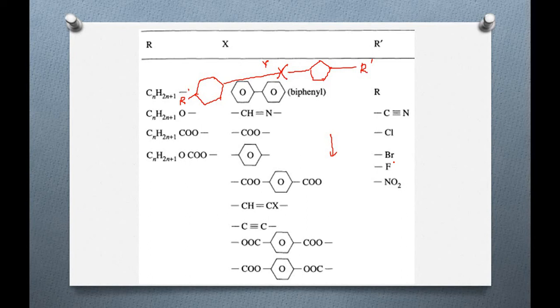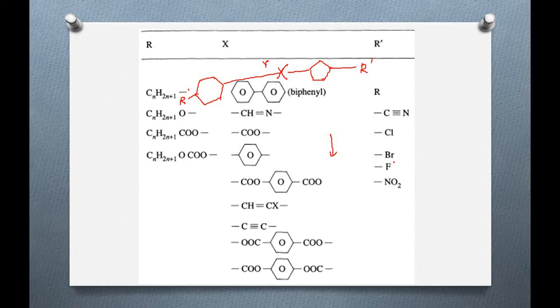So the tails that I have on both sides are also an important part, because we talked about the core. Now let us talk about the tails. They are a very important part in deciding whether it is going to be in a nematic phase or in a smectic phase.